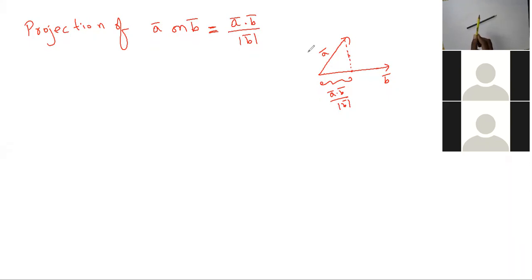Can you say that these two vectors are coplanar? No. They are not lying in the same plane. So when any two vectors may or may not be coplanar, how can you give a formula for projection of A bar on B bar without checking whether they are coplanar or not?